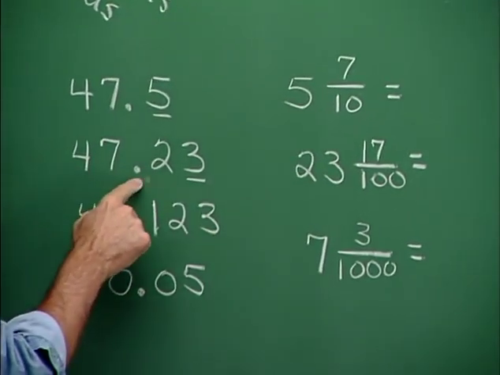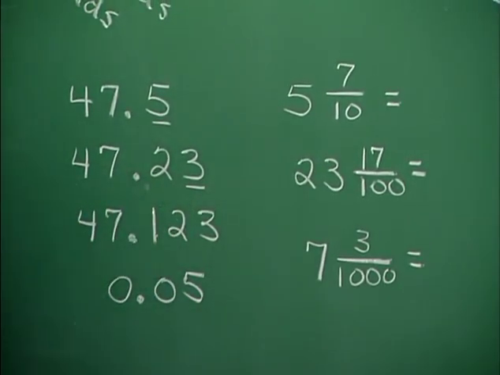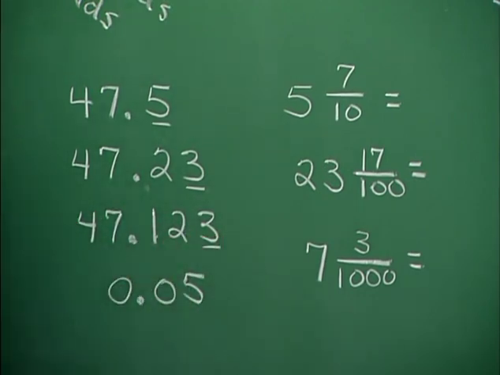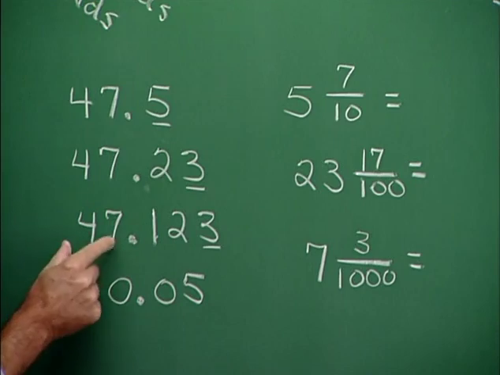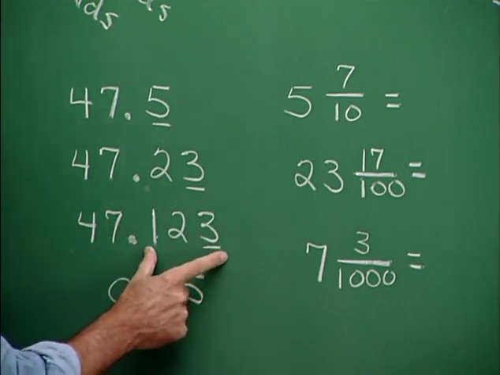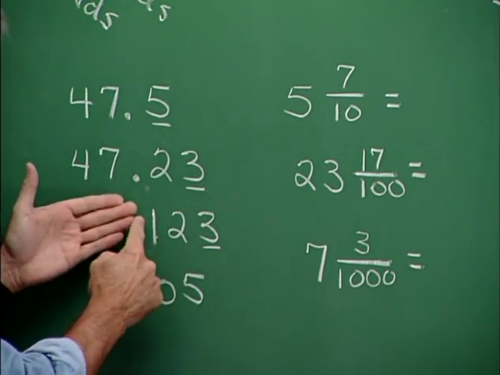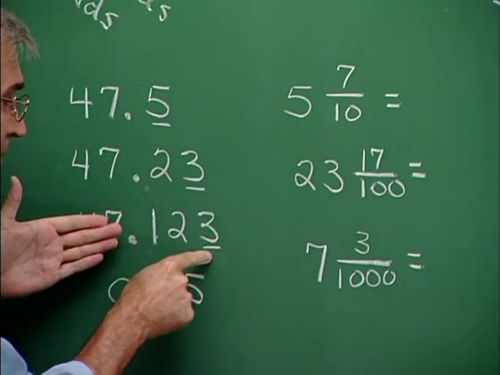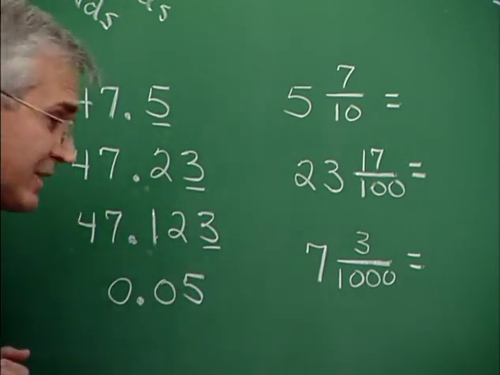So 47 and 23 hundredths. Now in this next one, the 3 is in the thousandths position. So we read the decimal as 47 and 123 thousandths. So we're just reading this number as though it were a whole number, and then we tack on the name of the digit value of the last digit.